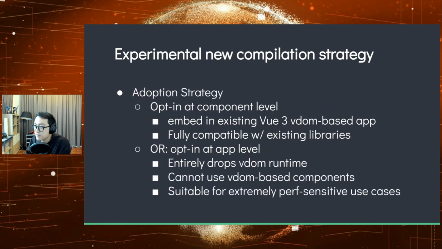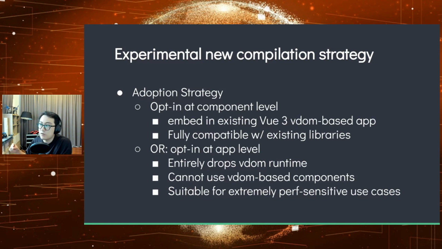So the challenge of this is obviously the adoption strategy, because the generated code works quite differently from how Vue works right now. So there are two ways we can approach this. The first is we can opt in at the component level. A component using this compilation mode is generated as standalone code that can be embedded into existing VDOM-based apps.